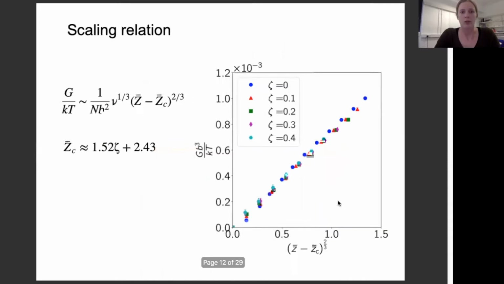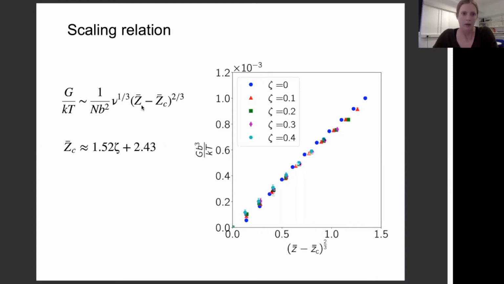Now we wanted to develop some sort of scaling relations, because this is what people like to see in this sort of studies. So we could come up with a relatively neat scaling relationship here. So the modulus scales with this density to the power of 1/3, inversely proportional to n, the number of Kuhn segments. And this is the dependency on coordination, where Zc is the coordination at the percolation threshold, which is a function of the loop fraction.